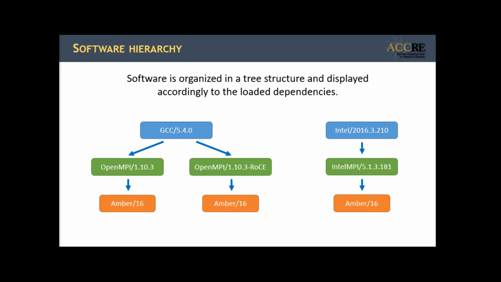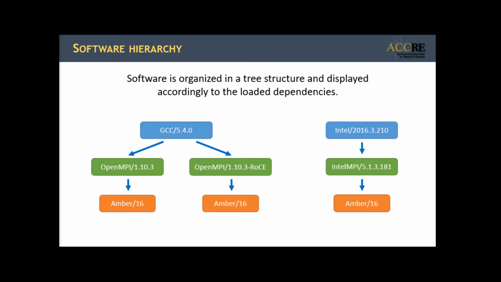So the typical way in which this problem has been solved in the high performance computing world is by using what is called a software hierarchy. Okay? So software is organized in layers. At the initial layer, you have the compilers, and we are going to support two compilers, the GCC compiler and the Intel compiler. Then, once you select a compiler, everything that is built with that compiler shows up.